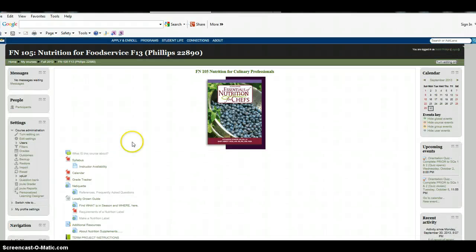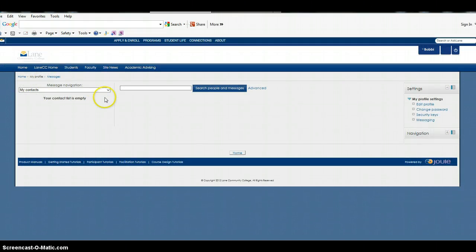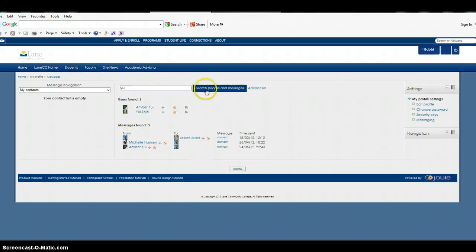Also at the top of the class, you will see information on messages and people in the course. This is how you'll write a message. You click on messages, and you're looking for a person to write to. I'll just write to my colleague, Amber Yui.